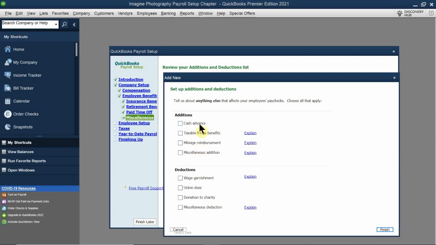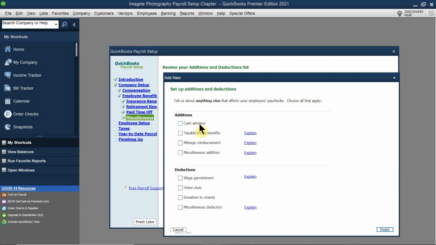Other ones could be discounted prices for AAA or even telephone. A lot of companies offer, hey, if you work for my company and use my company's name, I can get you an employee discount on the services you would normally buy outside of the company. For instance, AT&T does that a lot with a lot of companies. So that's considered a fringe benefit.